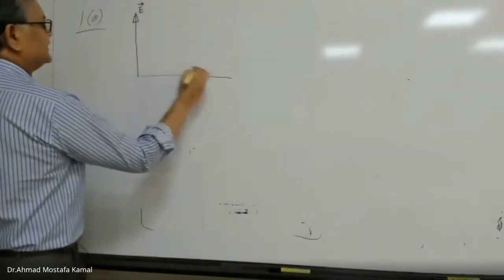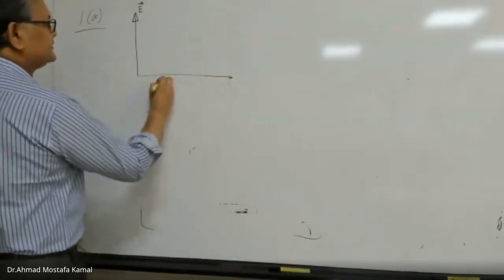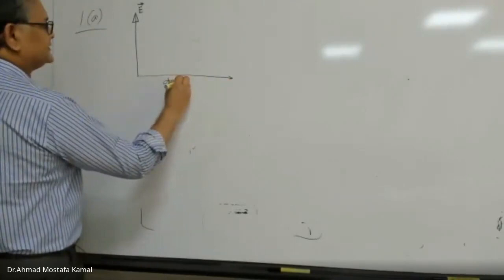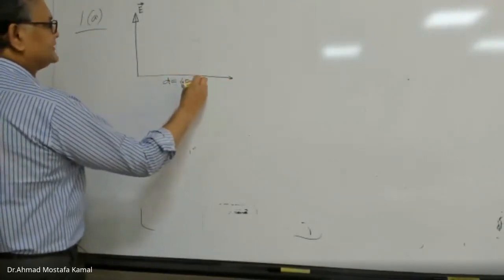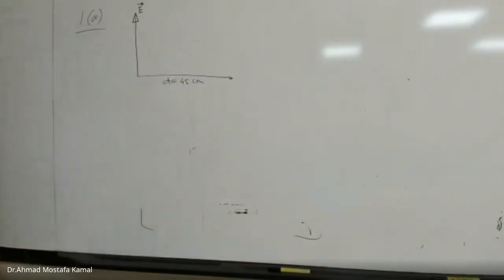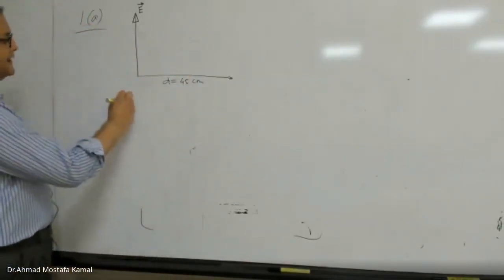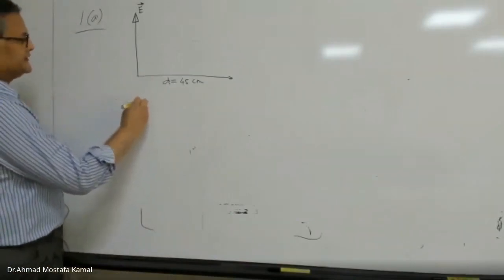And for A, the charge is moved 45 centimeter towards the right. Right means the positive x-axis. So what is the work done by the force? You know that work done is by definition force times distance.